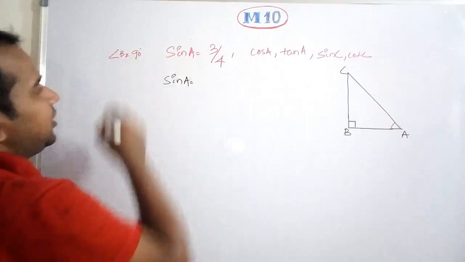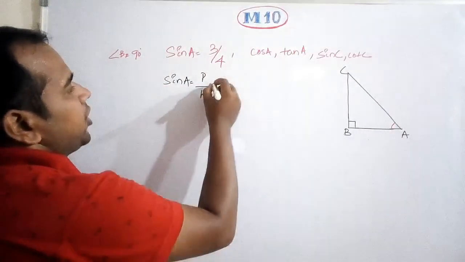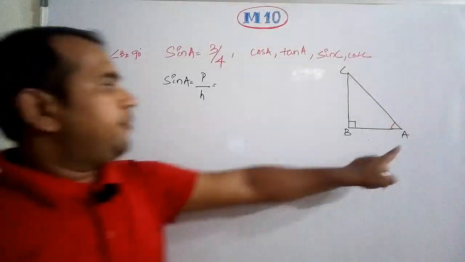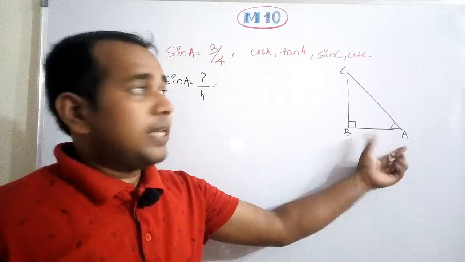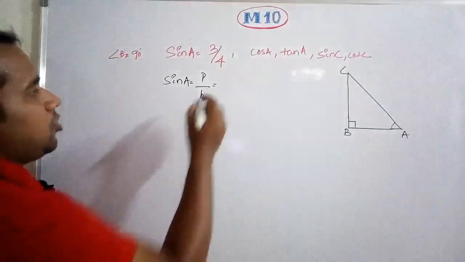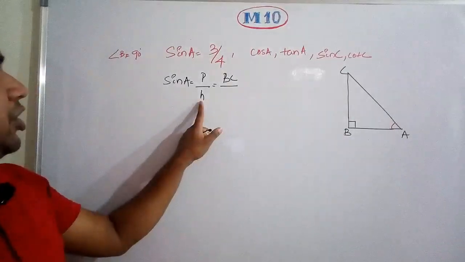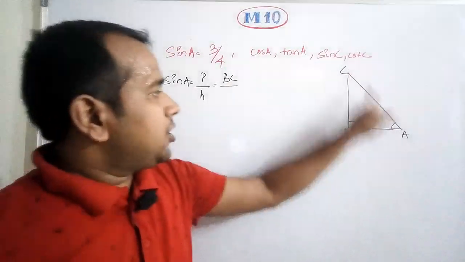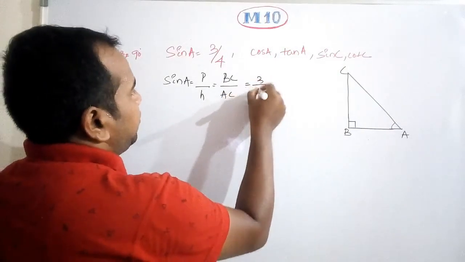Sin A equals P divided by H, which is BC divided by the hypotenuse AC, that is equal to 3 by 4.